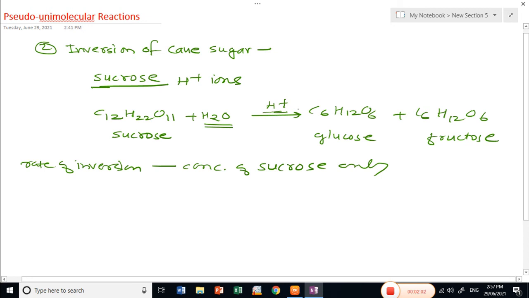Okay, so this change can be studied by measurement with the polarimeter. So this experiment is known as polarimetry because the sucrose rotates the plane of polarized light to the right side and the resulting mixture is laevorotatory.